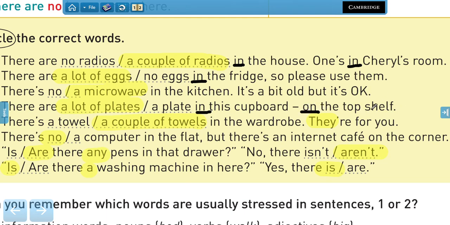Remember that shelf is like a estante, so you put things on top of that, yes. And the cupboard has doors, right? So you can put things inside. The same as in the wardrobe, right? Because you put things inside the wardrobe. And then we have in the flat and on the corner, yeah.